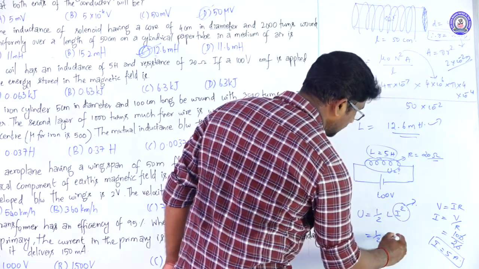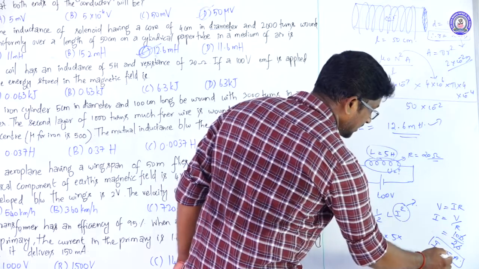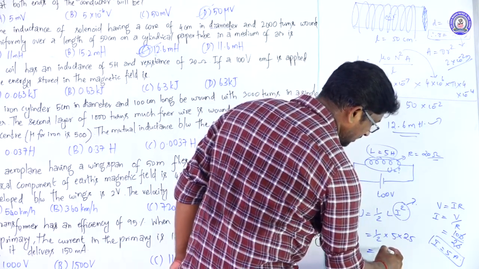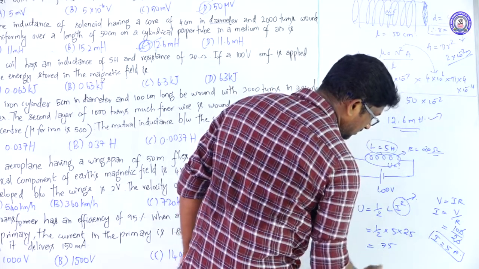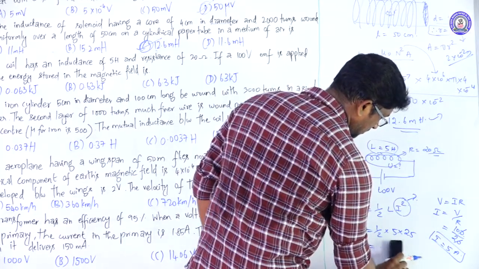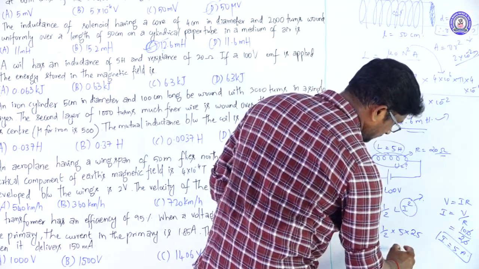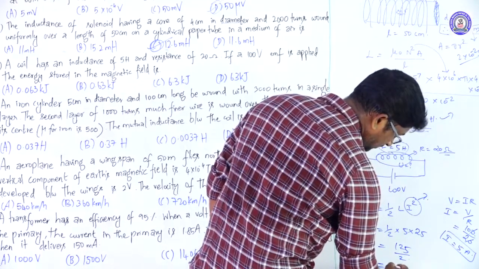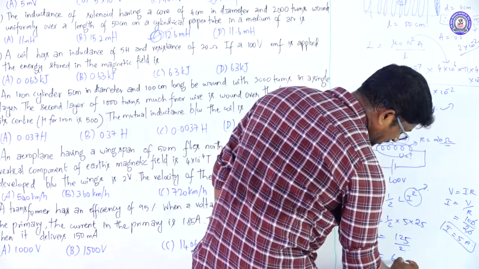Half into self-inductance 5 and current value 5 square, 25. 25 into 5 is 125, divided by 2, 62.5.